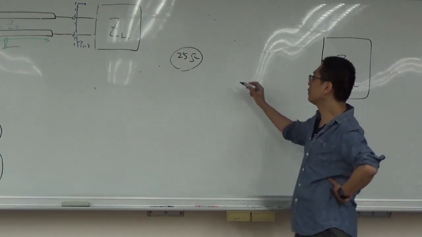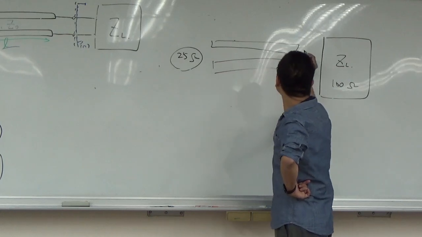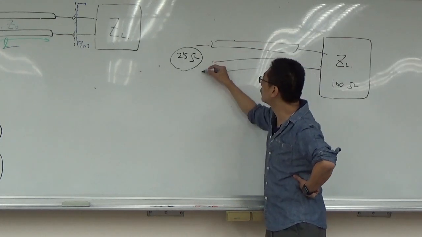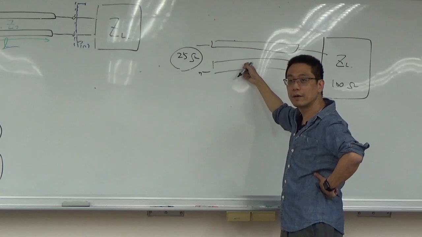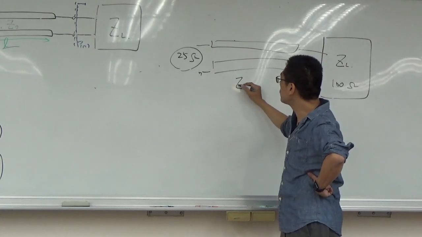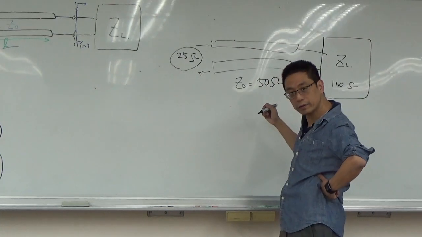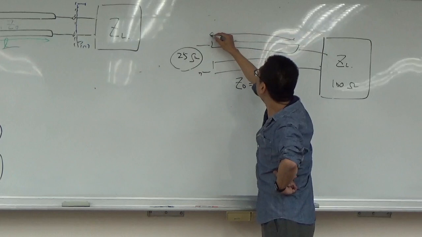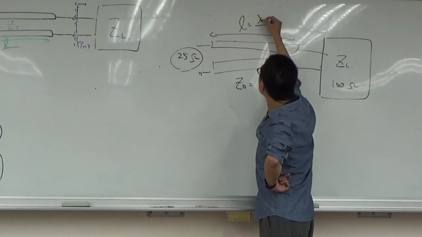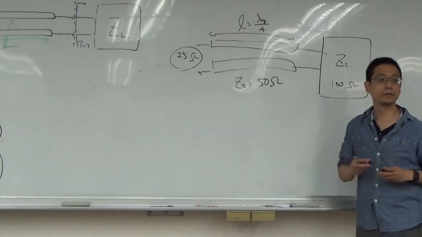What I need to do is connect this load to a transmission line which has the characteristic impedance equal to 50 ohm, and your L is a quarter wavelength. It is also important.